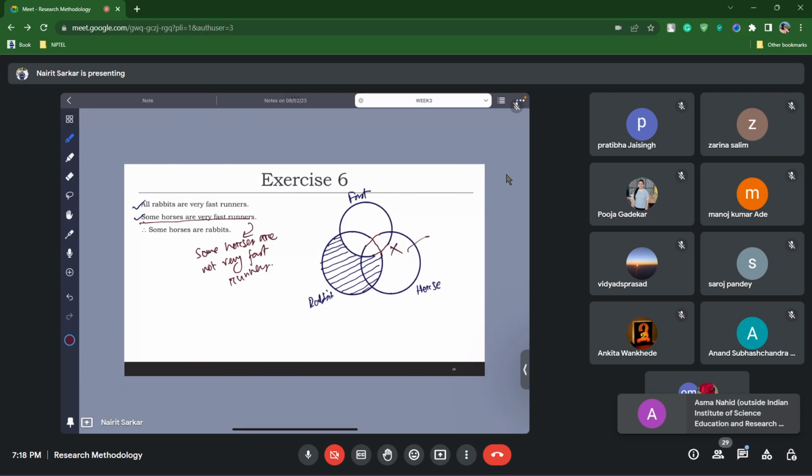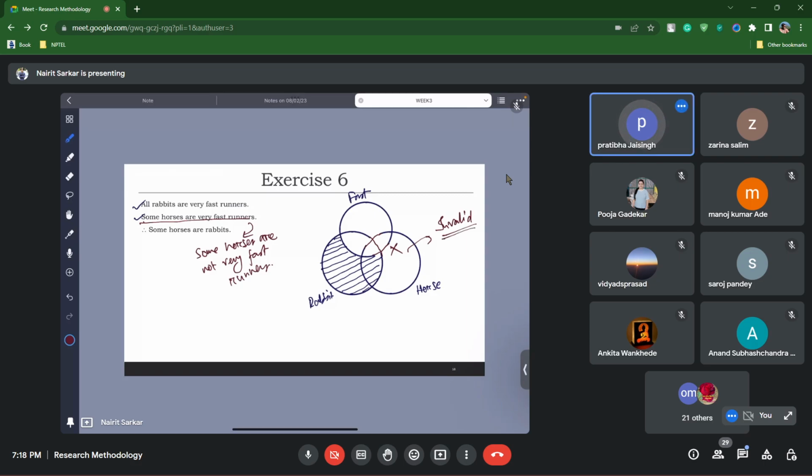In that case, it becomes invalid. We can say that, but why for this case, some horses are very fast runners, are we getting valid? Can anyone explain? Did we make some mistake? Anyone?